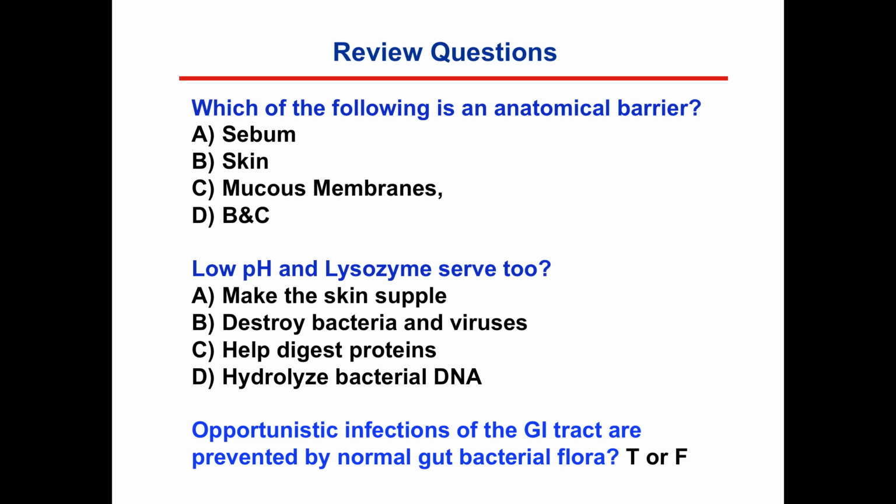In the next slide are the answers to the questions. So you might want to take a moment here and stop, answer the questions, maybe go back and review a bit of the material to answer them, and then go forward. From this point on, I'm going to go forward, and we'll go to the next part of the innate immune response.